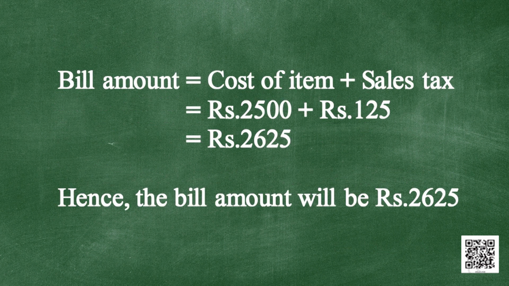Therefore, the bill amount is given by cost of a radio plus sales tax, that is equal to rupees 2500 plus rupees 125. On summing these two, we get rupees 2625. Students, therefore, the bill amount for the purchase of the radio is rupees 2625.